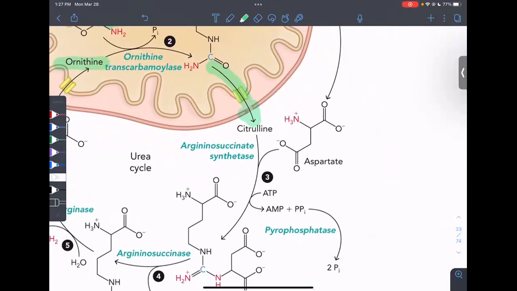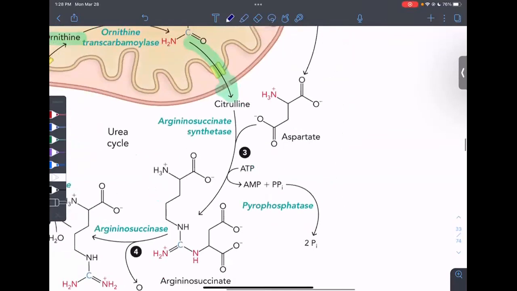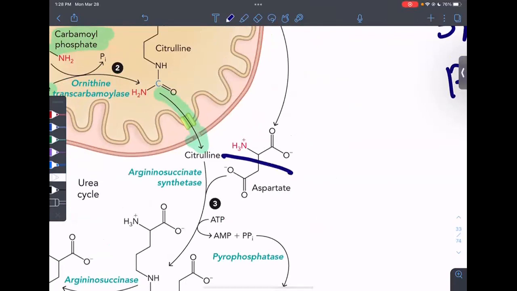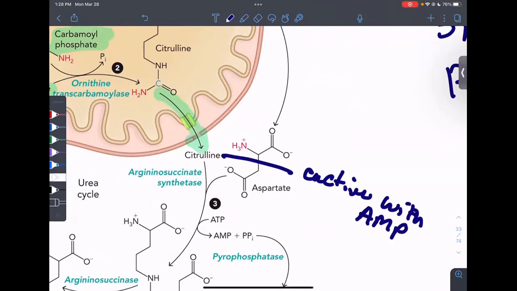Once we have it in the cytosol, what we're going to do is activate it with AMP. So it's kind of an intermediate form.